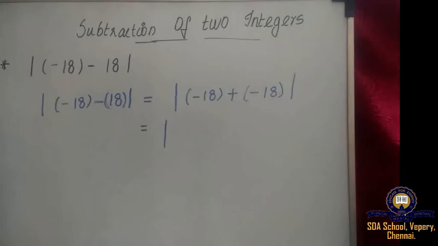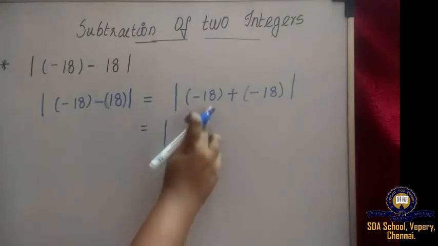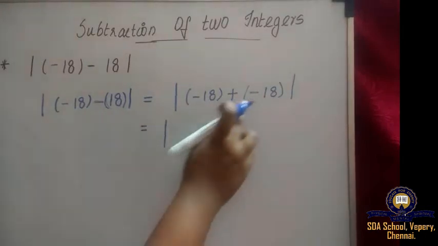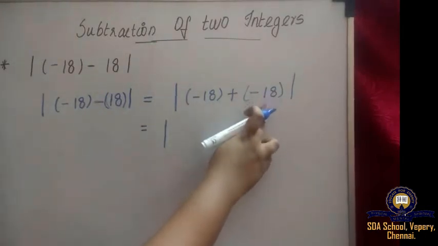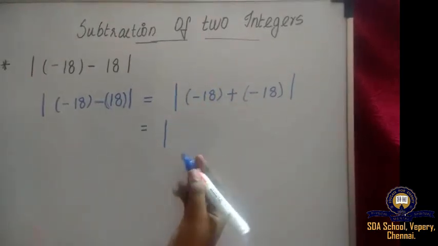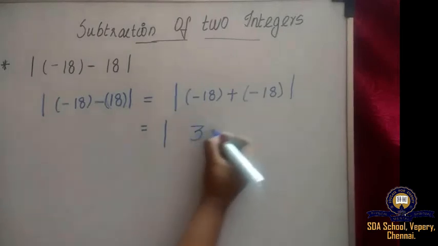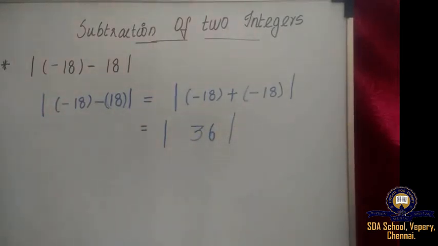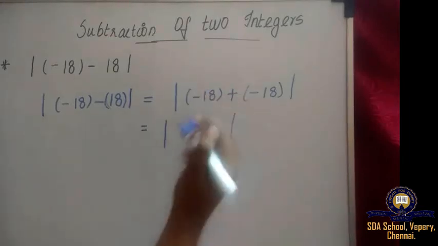So we have to find the absolute value, add the absolute values, and put the same sign, which is negative. So what is the absolute value of minus 18? It is 18 and the absolute value of minus 18 will be 18. So 18 plus 18, you will get 36 and you have to put the negative sign since both the integers have the same sign.